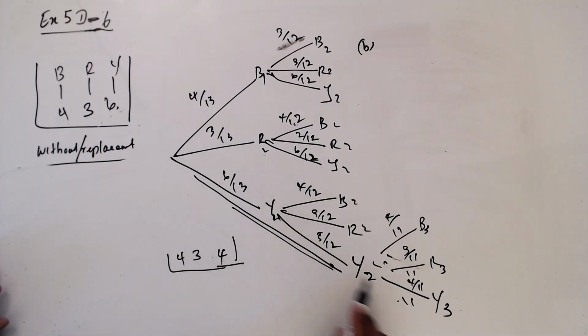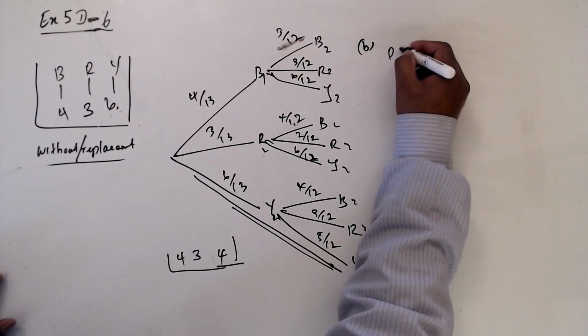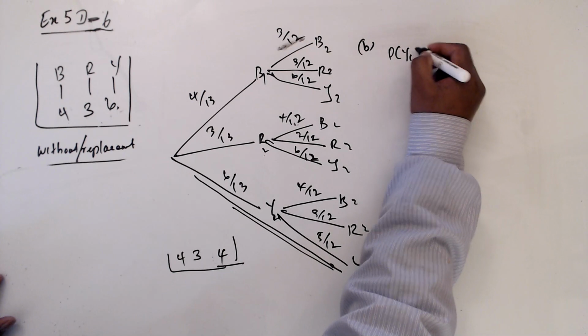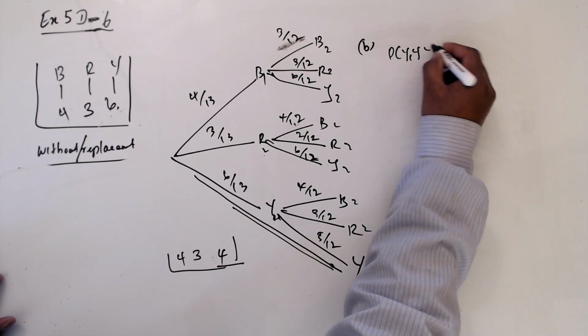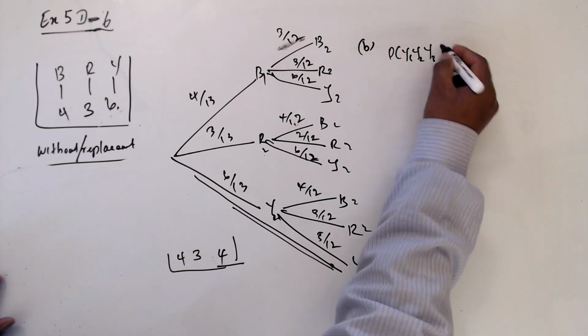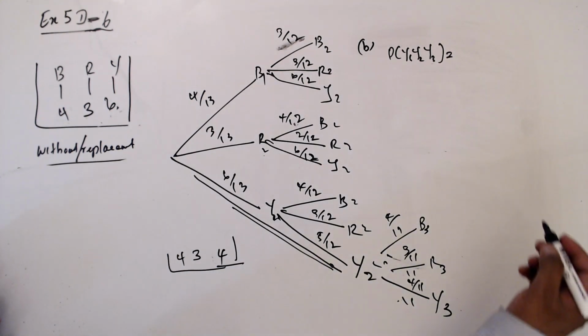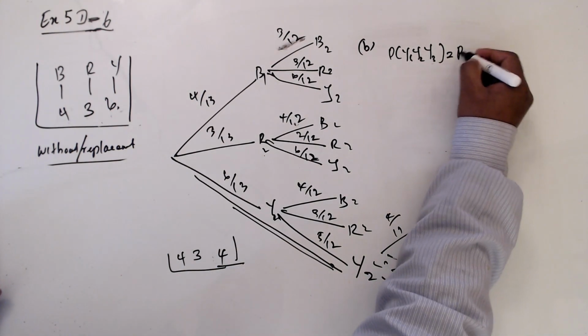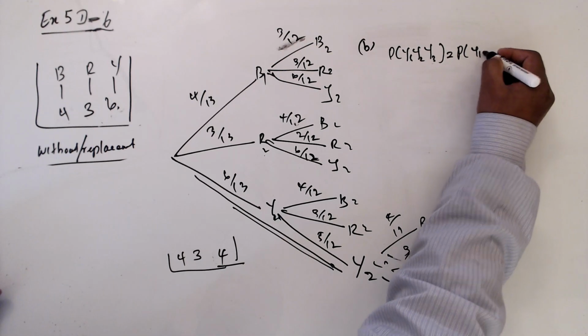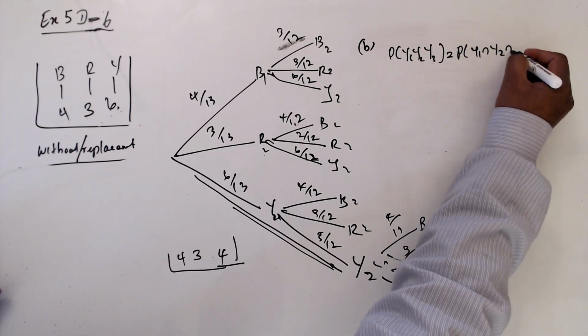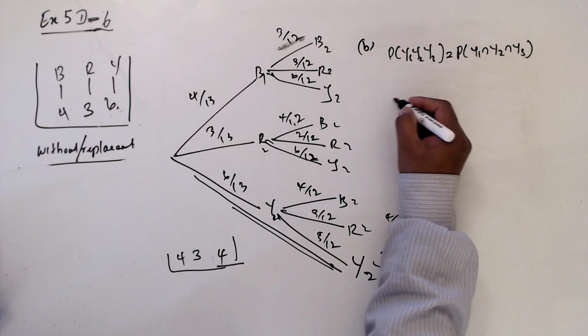Now this is the probability of getting yellow 1, yellow 2, yellow 3: probability of y1 intersection y2 intersection y3.